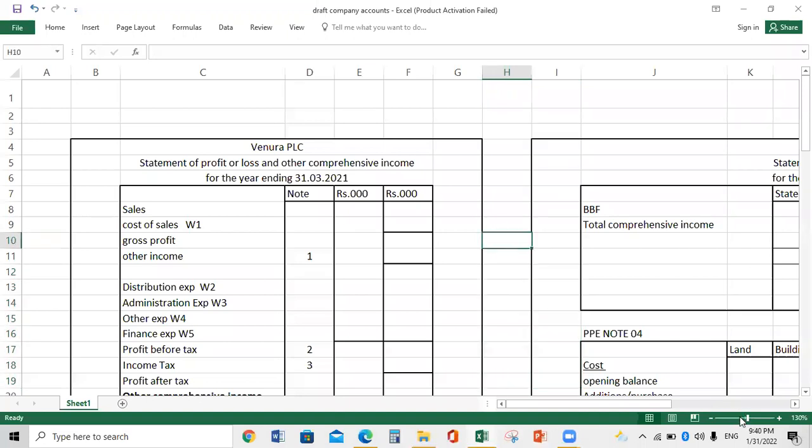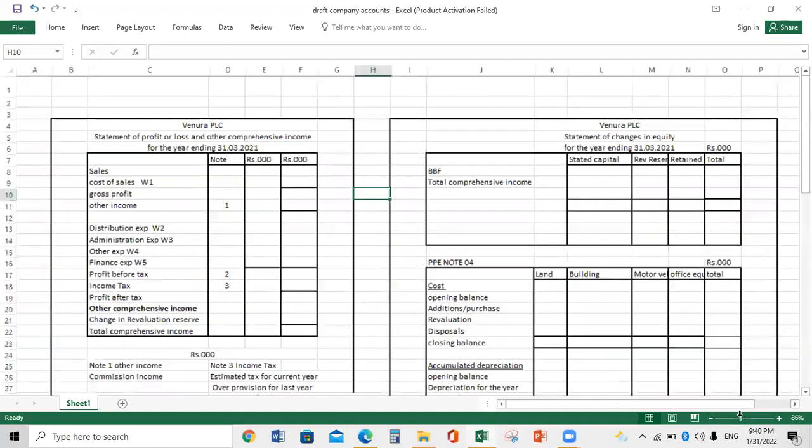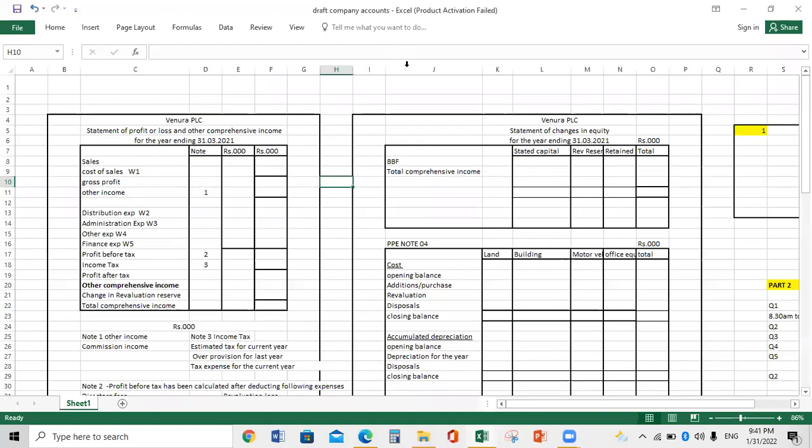Whatever, guys, I recommend you all don't write in rupees for part two, if you don't get point form. Why? Because the three zeros you put for every answer waste time, and in that time you can do another question properly.